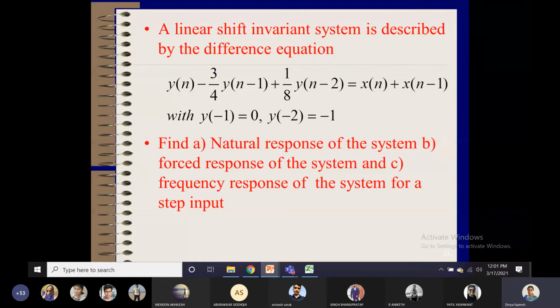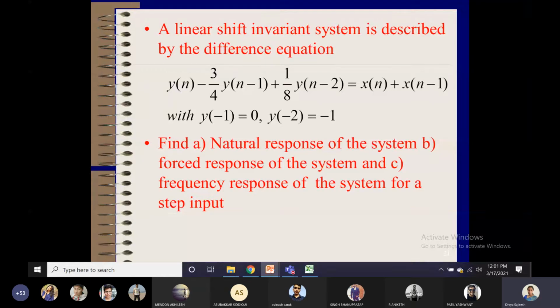That is, previous outputs of the system are given to you. Now you have to obtain, first case the natural response of the system, second case the forced response of the system, third case the frequency response of the system. Always the frequency response I can obtain from the transfer function by putting z equal to e raised to j omega.